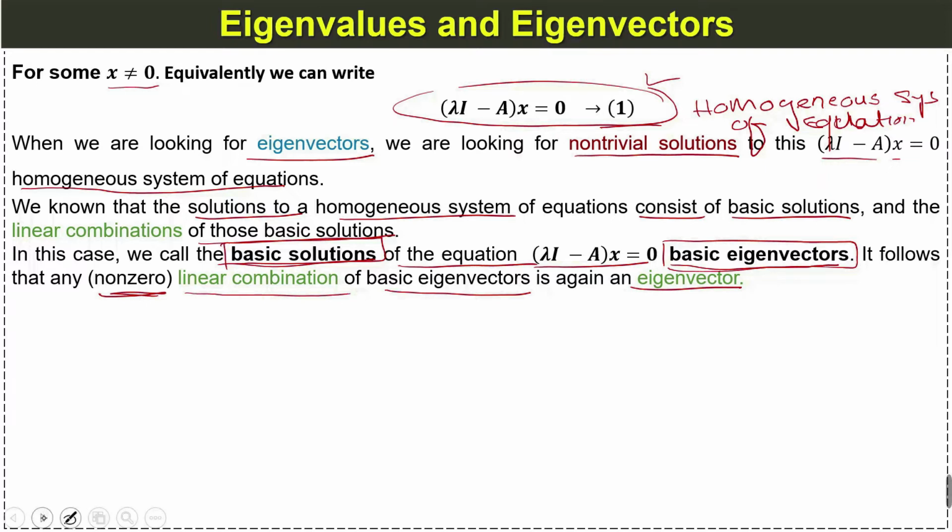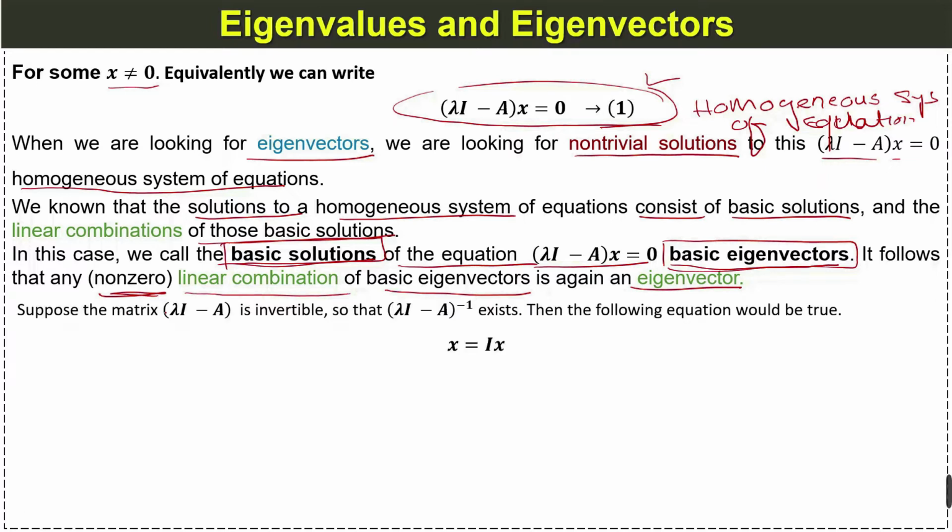Okay, so suppose that this matrix is invertible, meaning this matrix has an inverse, so that the inverse of this matrix exists, then the following equation would be true.